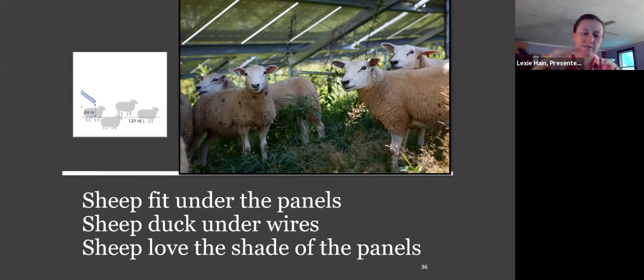In other cases, it's down to 18 inches or less. So that can present interesting management challenges. And the sheep have a really nice co-benefit: if you are managing sheep on pasture, sometimes it's hard to find them shade, but in this case, no one has to compete. Next slide, please.